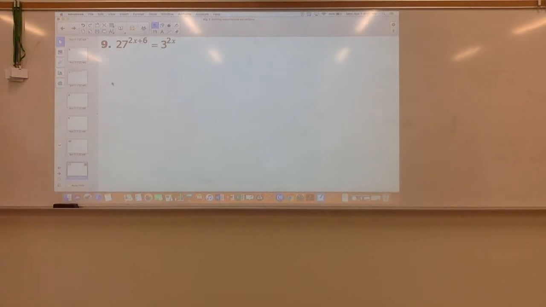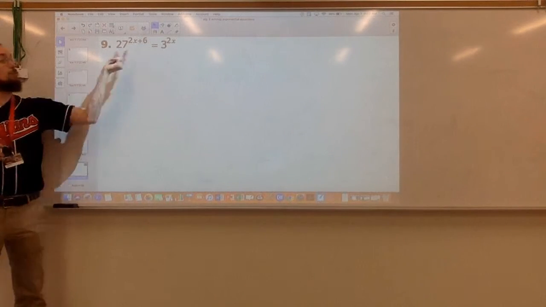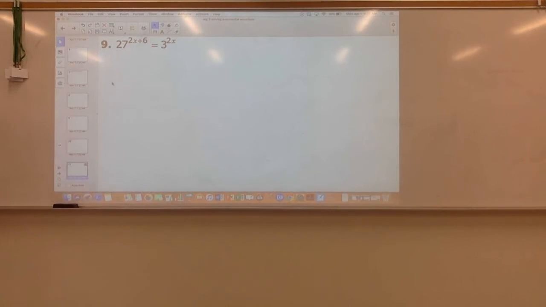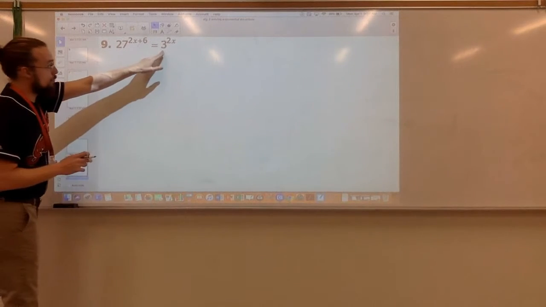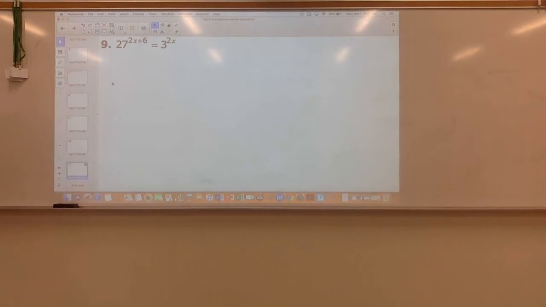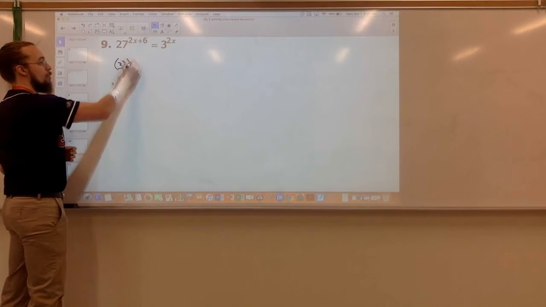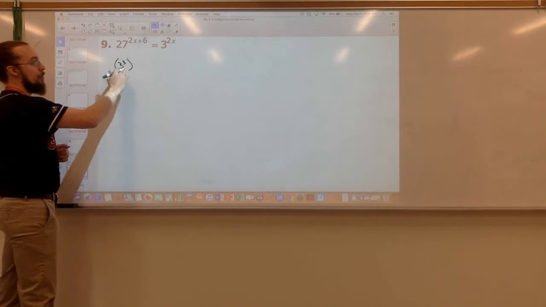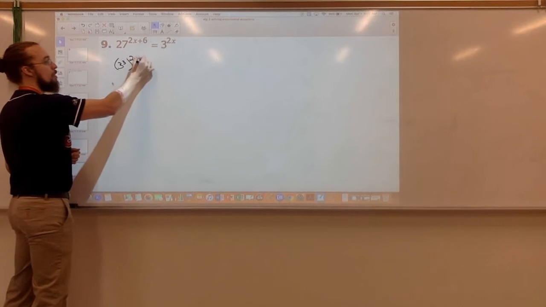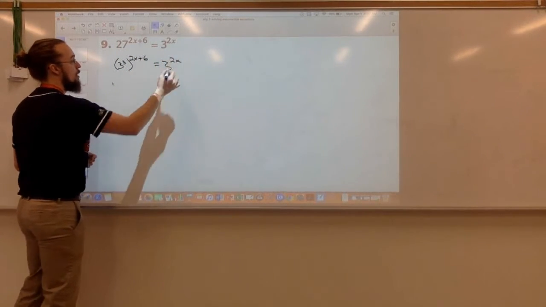I still want to rewrite both sides with the same base. So I see a base of 3 here, a base of 27. How could I write 27 with a base of 3? 3 to the third. So when I do that, I'm going to replace the 27 with 3 to the third, but then that's still going to be raised to the 2x plus 6th power.